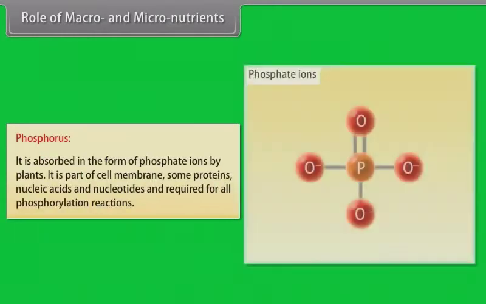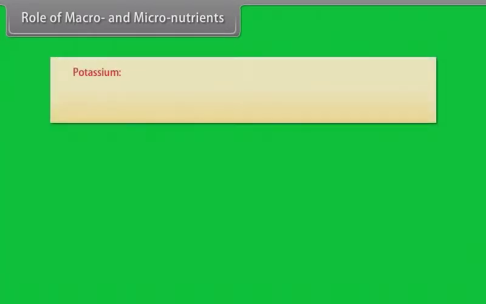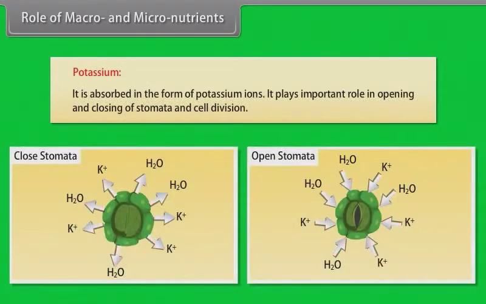It is absorbed in the form of phosphate ions by plants. It is part of cell membrane, some proteins, nucleic acids and nucleotides and required for all phosphorylation reactions. Potassium. It is absorbed in the form of potassium ions. It plays an important role in opening and closing of stomata and cell division.